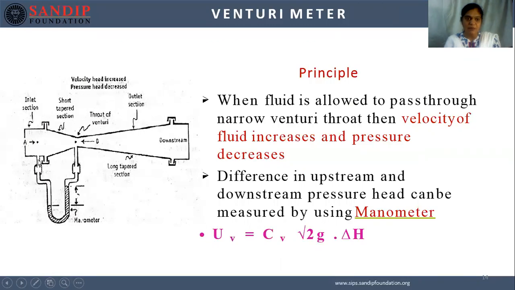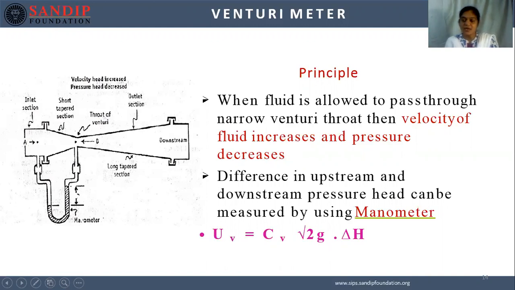Again at points A and B, the manometer is attached, and the equation which is utilized for the determination is UV is equal to CV under root of 2g into delta H.